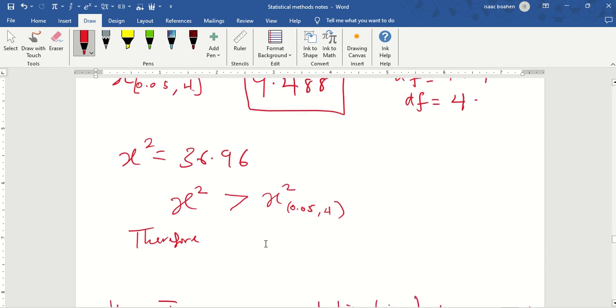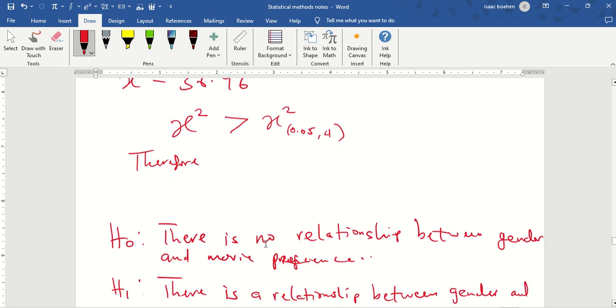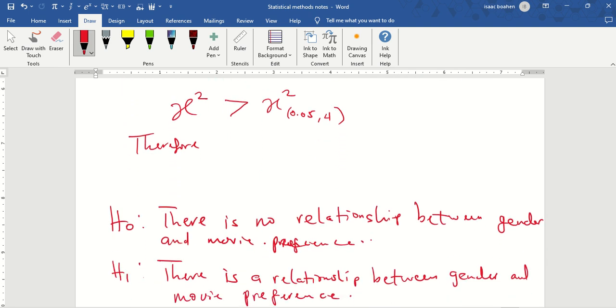let's go by the null hypothesis. We said from the null hypothesis that there is no relationship between gender and movie preference. But because the calculated is greater than this, we therefore reject the null hypothesis.